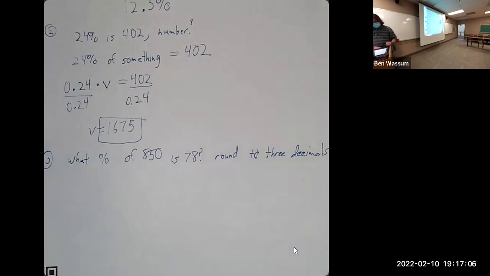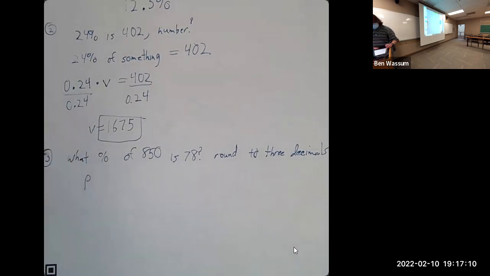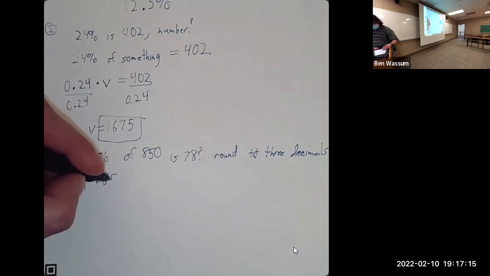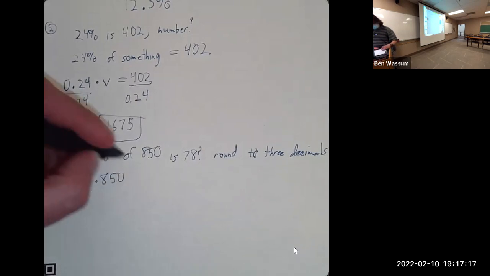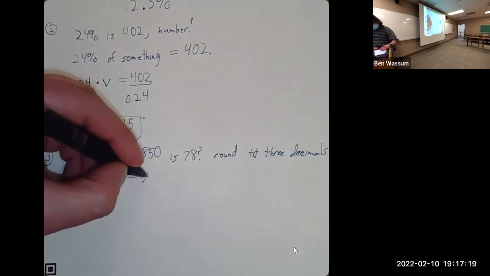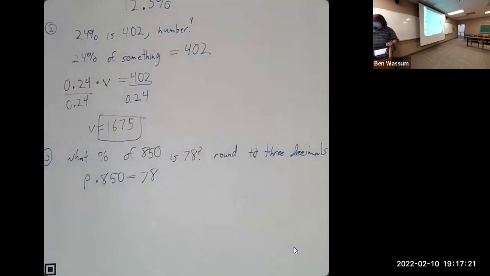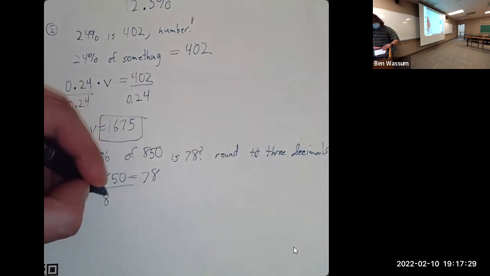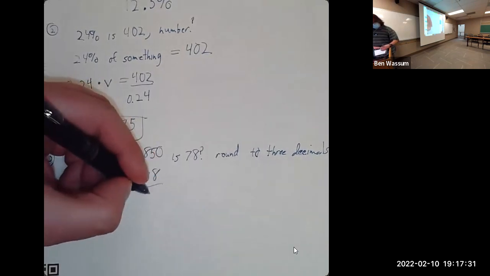So same thing. What percentage, let's use the letter P, of 850 is 78? We can divide that off just like we did earlier.